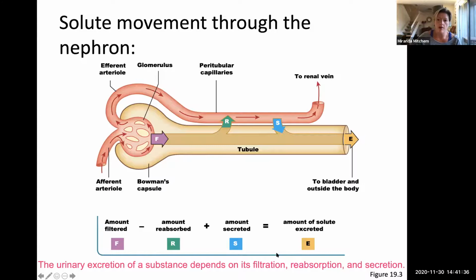So we can figure out the amount of solute excreted by knowing the amount filtered, minus what goes back to the bloodstream, plus what comes into the filtrate. That is the formula to calculate the amount of a certain solute that is excreted. So the excretion of every substance, every ion, glucose, is dependent upon filtration, reabsorption, and secretion.